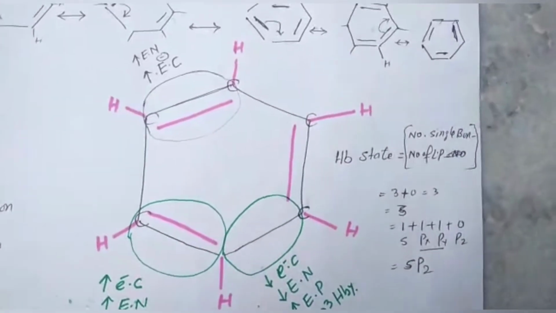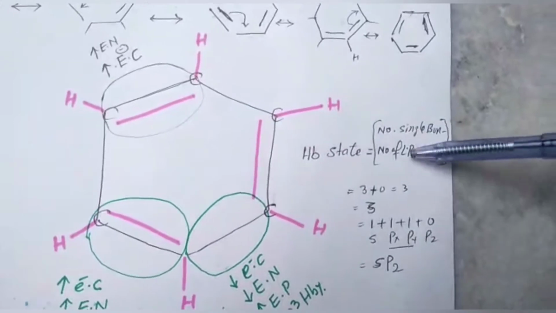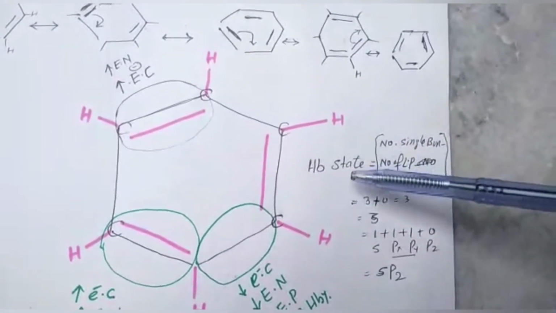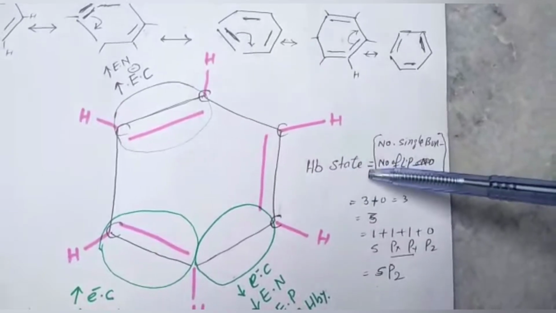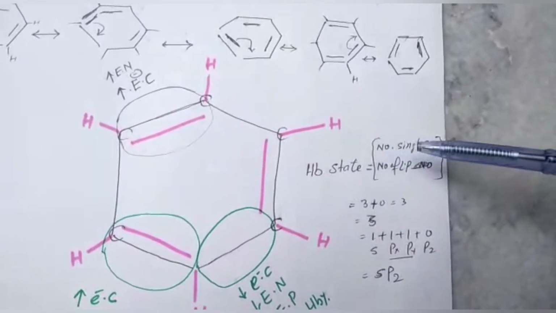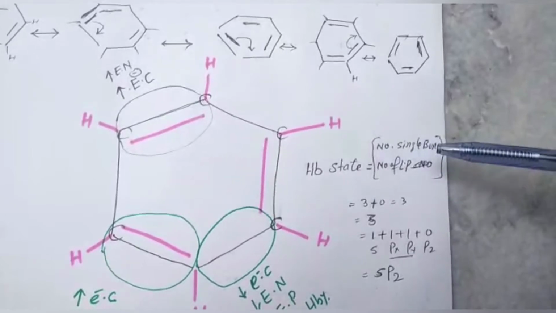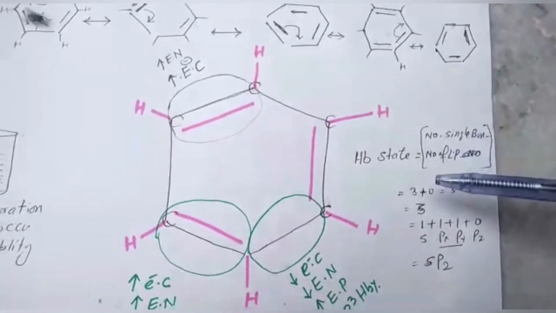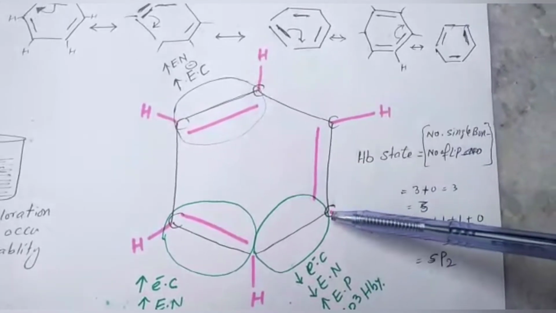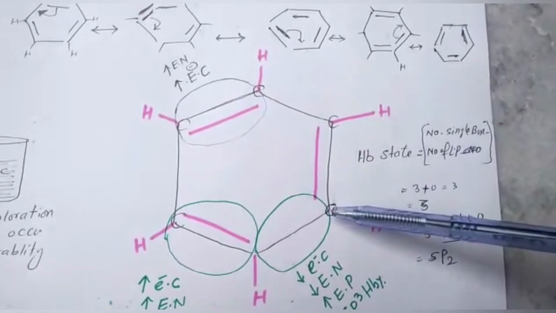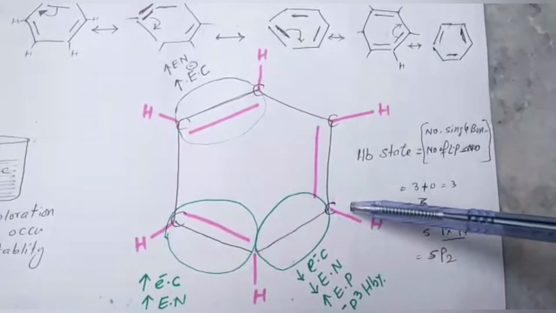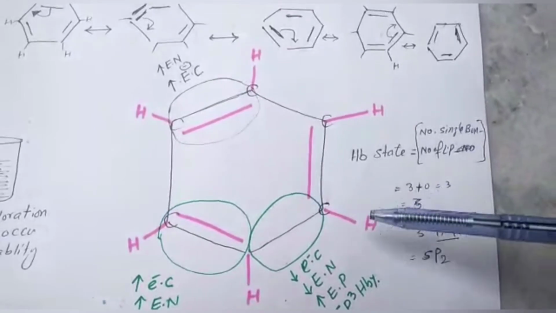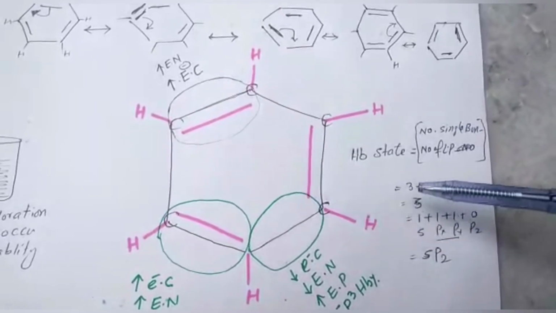How can we calculate the hybridized state? For this, there is a simple formula. Hybridized state is equal to the number of single bonds plus the number of lone pairs. Now look here, this carbon has 1, 2, 3 single bonds, plus this carbon has 0 lone pairs.